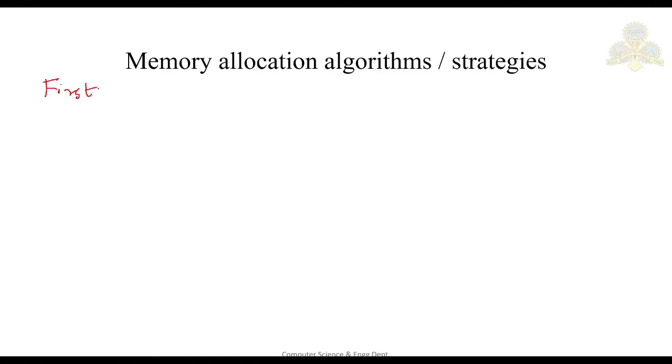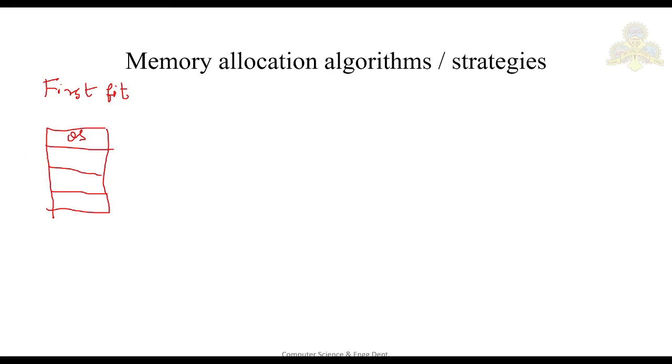Let us see how this strategy works. Suppose this is your main memory and you have the operating system here, and there are three partitions. It is again under fixed partitioning, and these partition sizes are either fixed or variable. We'll consider variable.